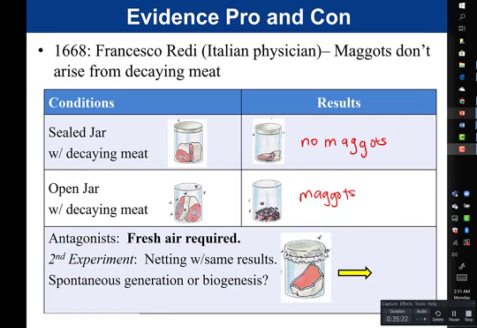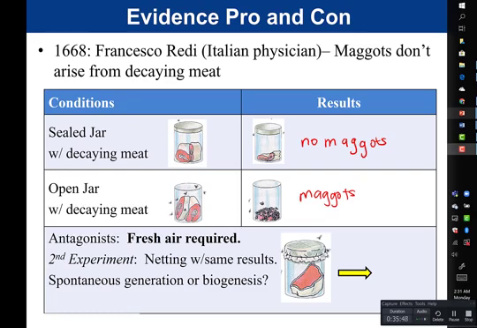So the maggots on the meat, basically they said this was in support of biogenesis. Life comes from life. Now, antagonists of this experiment said, well, this experiment's not valid because fresh air is required. So that vital force can't happen without air getting in. So they said that the one that was sealed, it didn't work. They didn't see life because air is required.